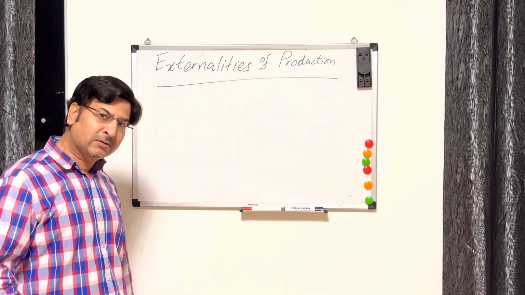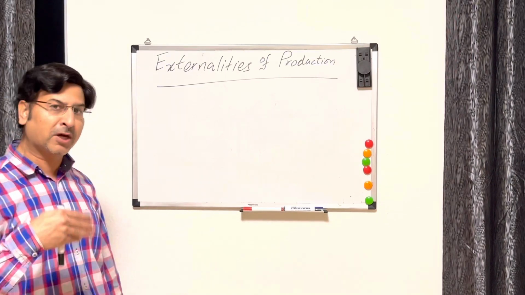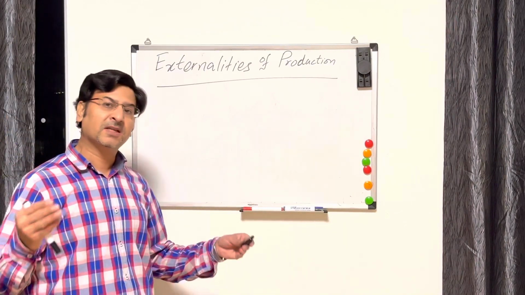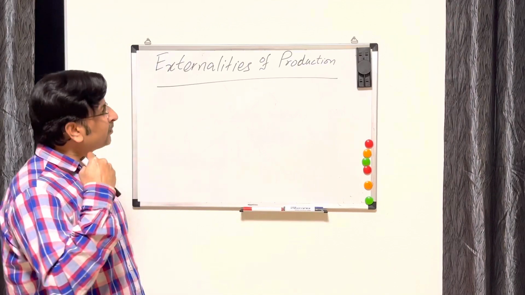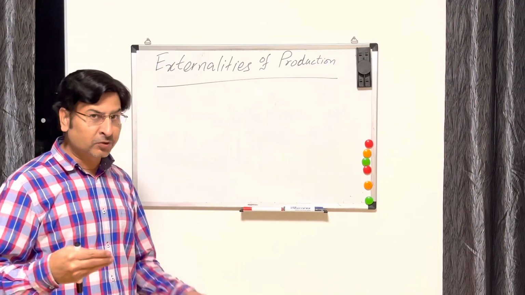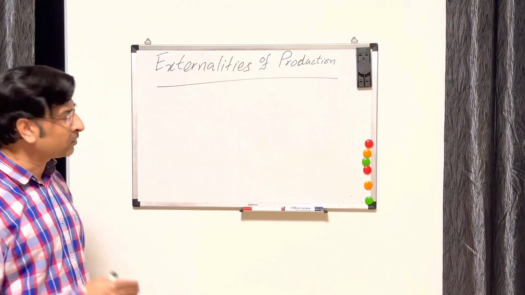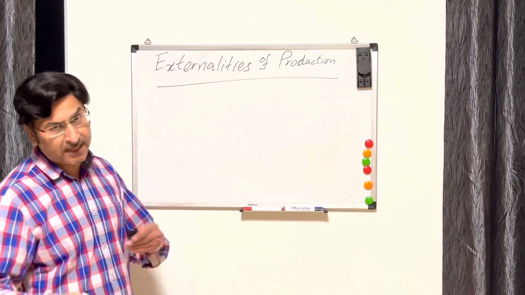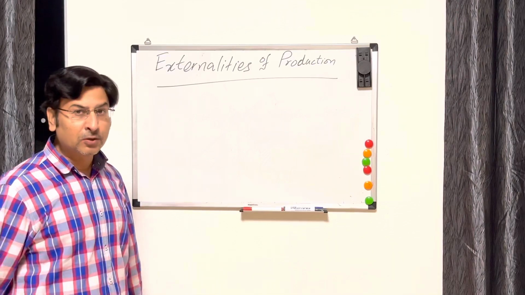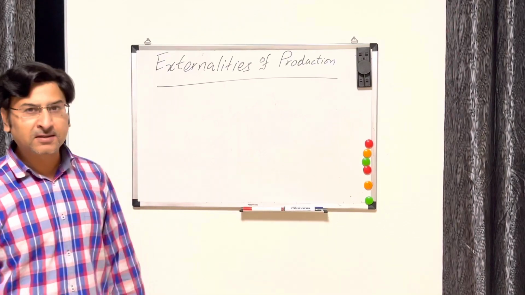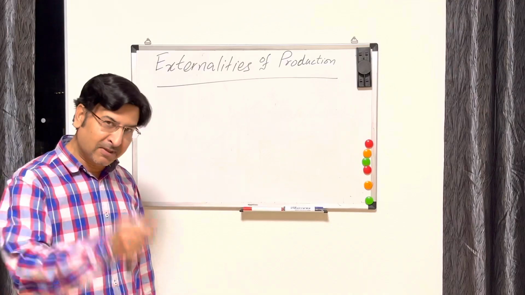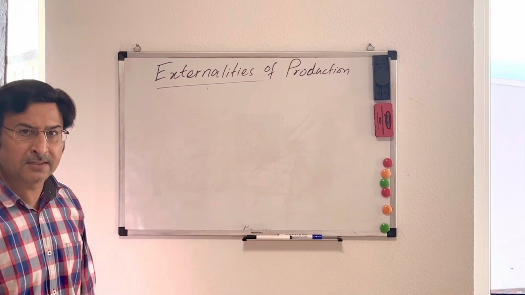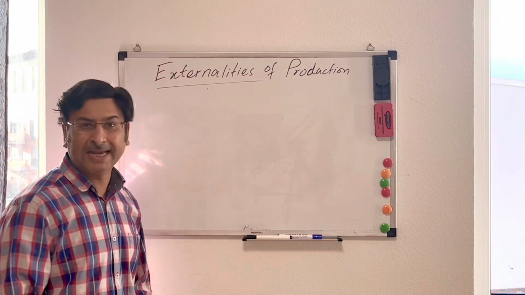Externalities of production, externalities of consumption, then production itself has positive and negative externality. The same is the case with consumption. So you need to perhaps watch 2-3 videos to complete this course, and at the end of these videos, you can award yourself a certificate in sustainability. So let's have a look at the first case of production negative externality.